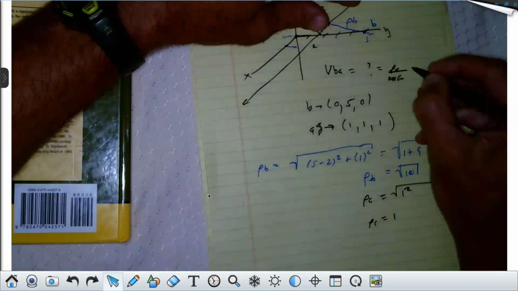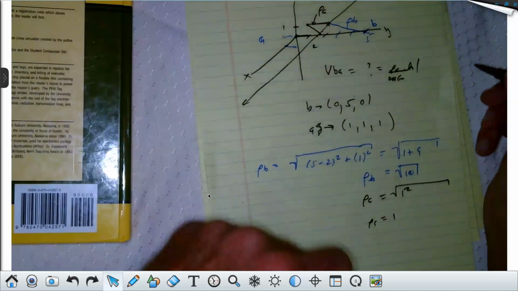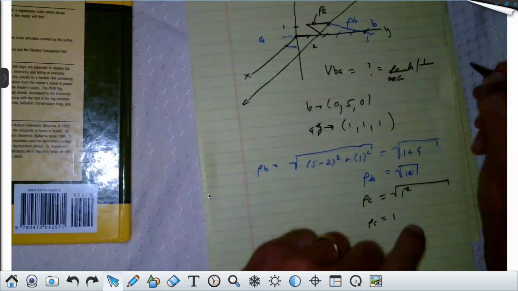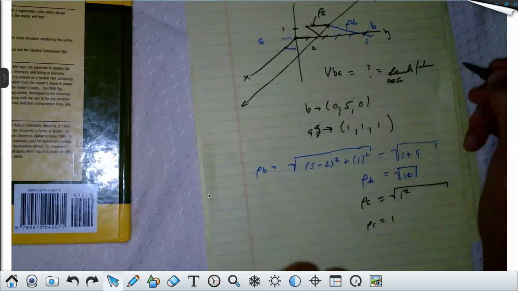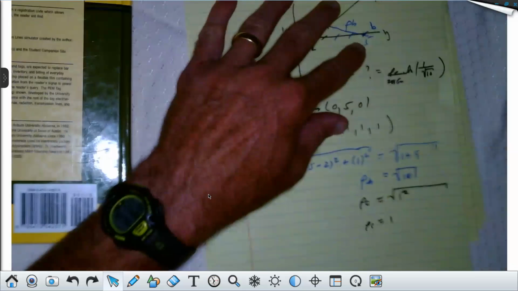And then it's the natural log of rho A, which is 1, over the natural log of rho B, which is the square root of 10. You agree with me, class?